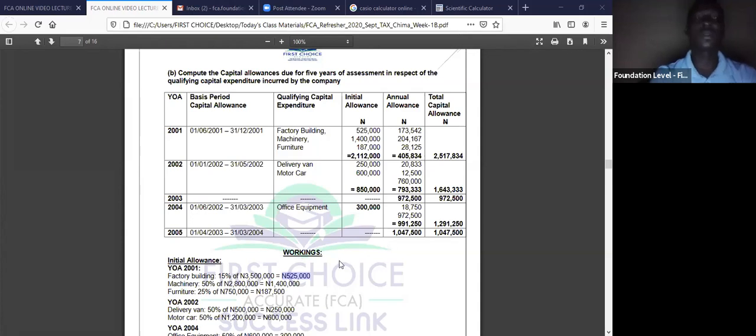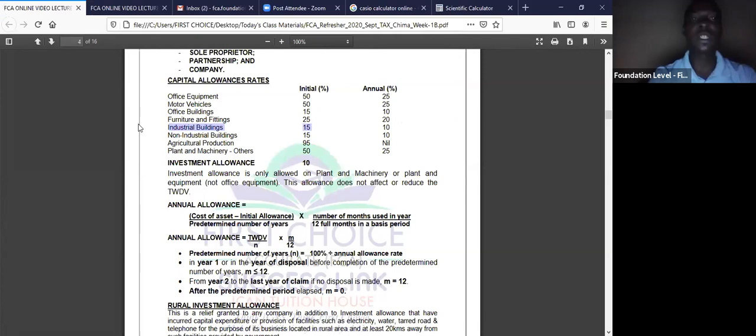All right. Now, this 525 we've calculated here, you see it's our initial allowance figure. So machinery, we established that plant and machinery is 50%.